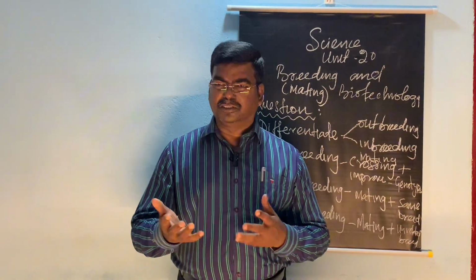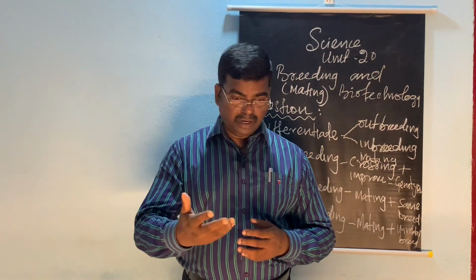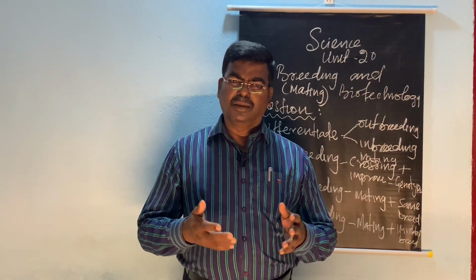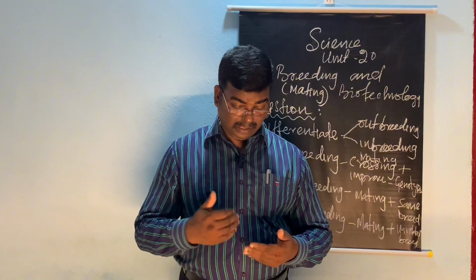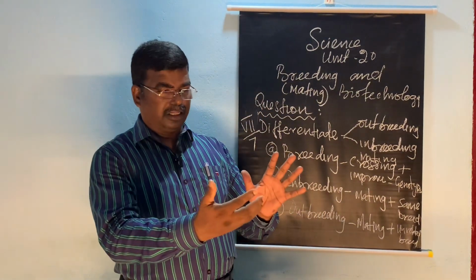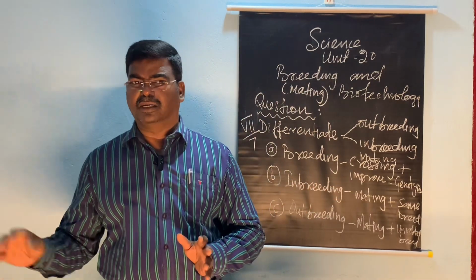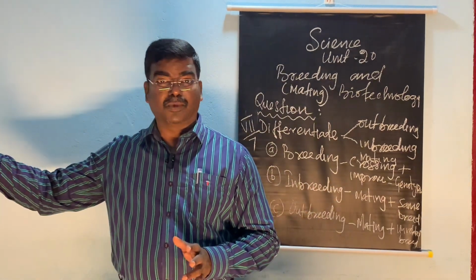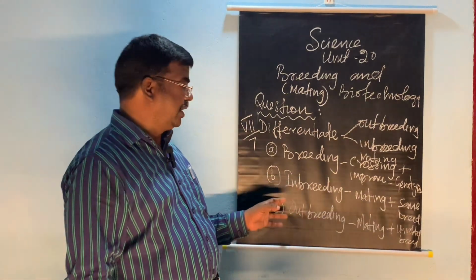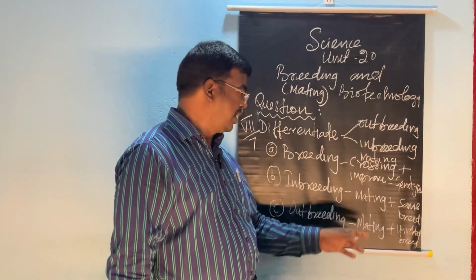By means of this crossing, harmful genes may also appear. By means of selection, they simply select that breed and take it outside, and use it for some other purpose. So what is actually inbreeding? What is the center point?